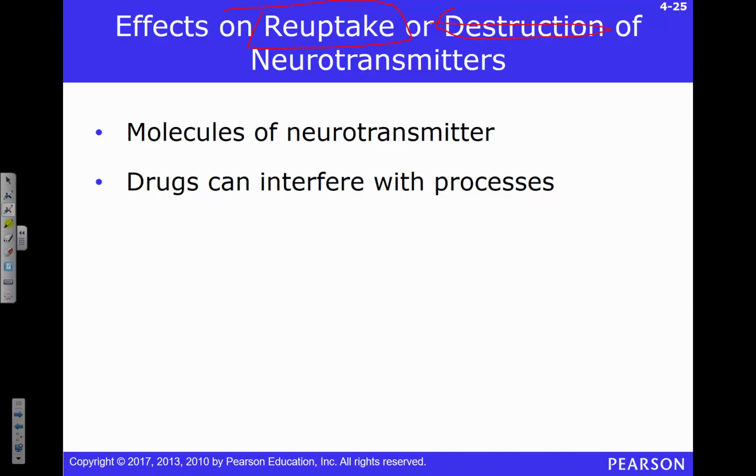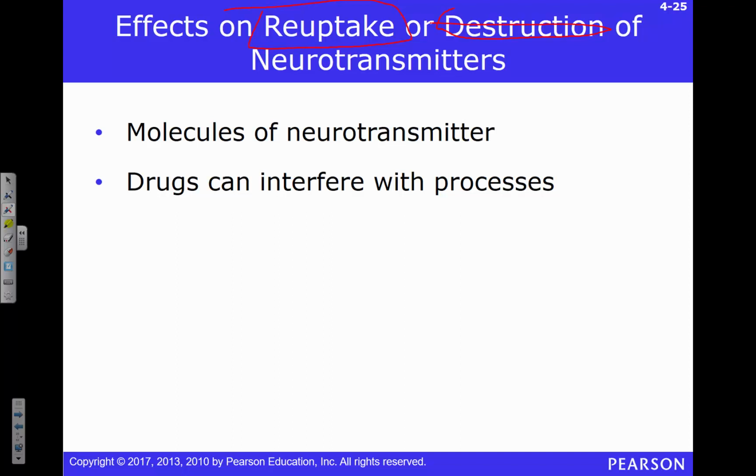There are a couple ways that we can sort of end the effects of a neurotransmitter. Okay. One of these is going to be the reuptake process, and the other is going to be enzymatic deactivation. These are going to be the two major ways that we can end the effects of a neurotransmitter. Reuptake is a process where the cell that has released the neurotransmitter will reach out and grab that neurotransmitter and pull it back in.